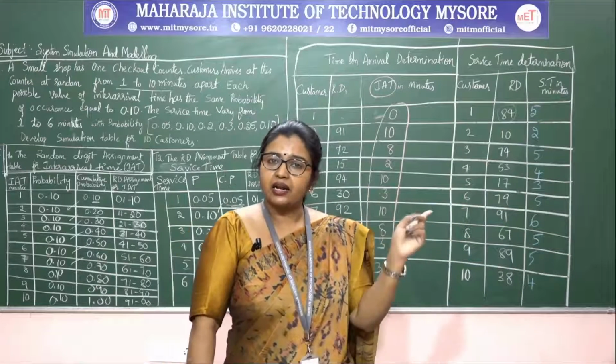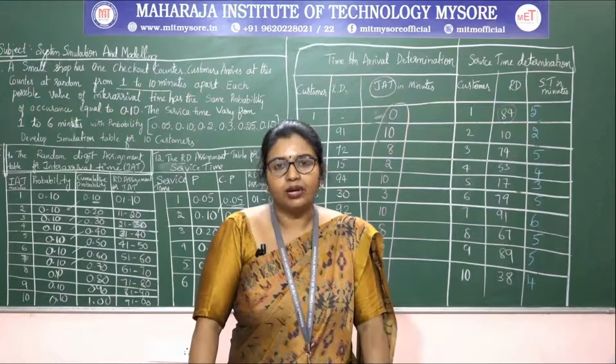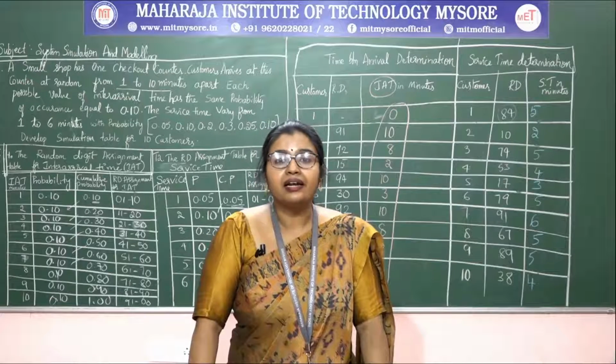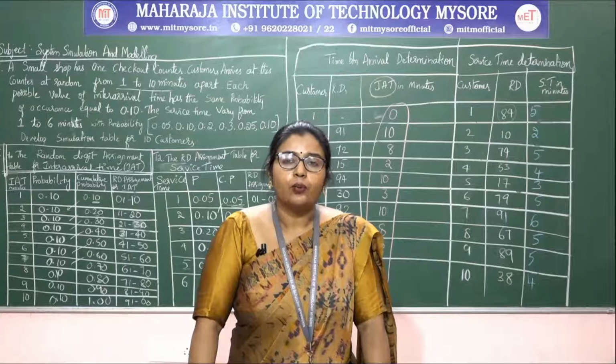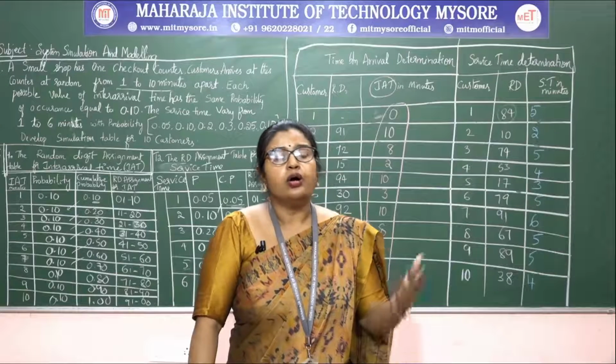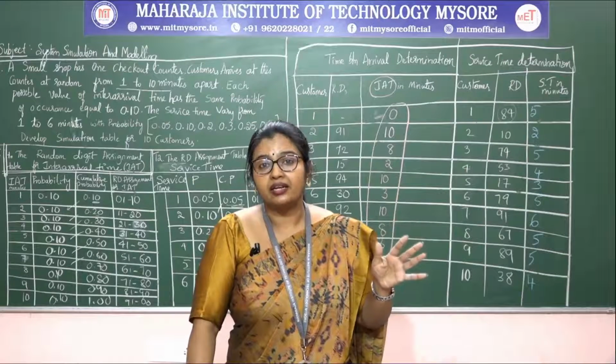Based on this inter-arrival time and the service time, we need to simulate it. Simulate for 10 customers, and then we need to find out the average waiting time, and whether at that particular time the server is busy or idle.